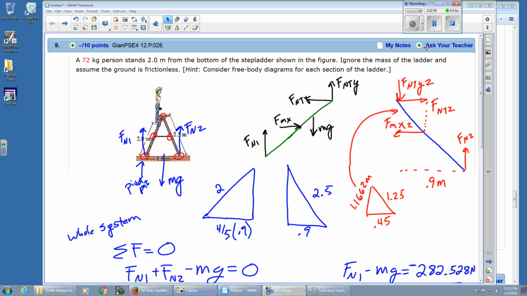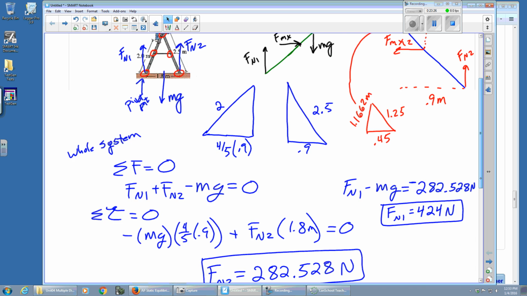Therefore, if we add up the three forces, the normal one at the bottom, the Fmx at the middle, which we just found, and the mg, the resultant there would be equal and opposite to the force at the top of the ladder.